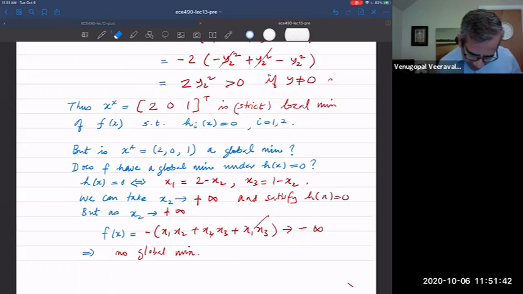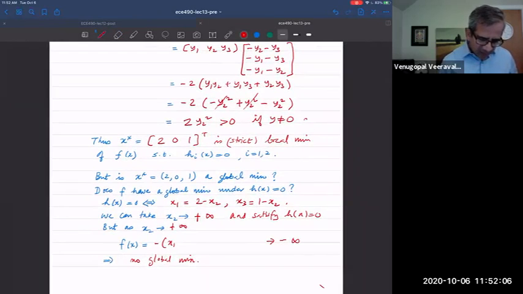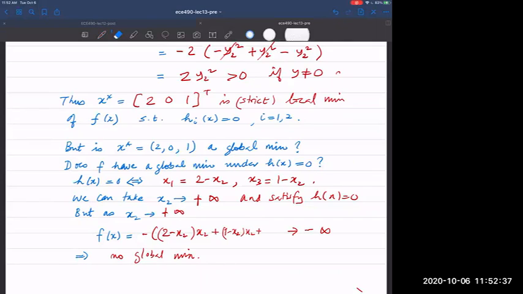Let's just write down what this is. Okay, x1 is 2 minus x2, times x2, then x2 times x3, which I'll write as 1 minus x2, times x2 plus... everything written in terms of x2.